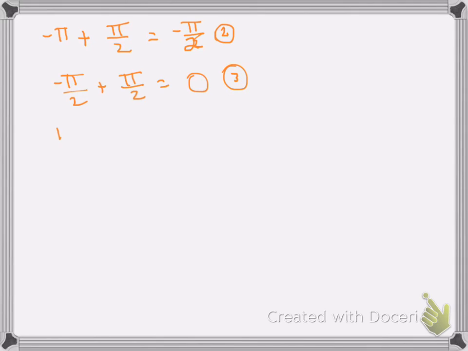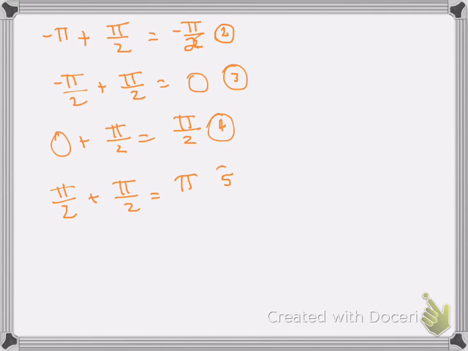It's my third point. From 0, I add another pi over 2, so that's pi over 2 again. This time it's positive. And then just to make sure, we want to just double check that pi over 2 plus pi over 2 truly does give me pi, and it does, which is my last point.